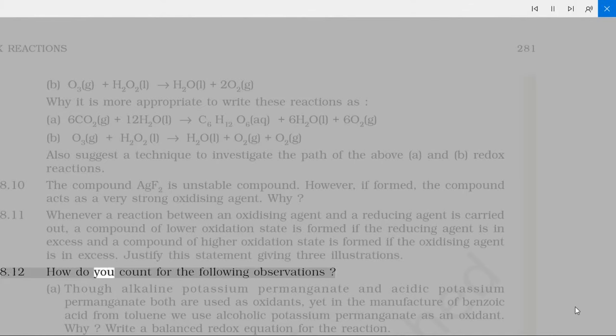8.12 How do you account for the following observations? A, Though alkaline potassium permanganate and acidic potassium permanganate both are used as oxidants, yet in the manufacture of benzoic acid from toluene we use alcoholic potassium permanganate as an oxidant. Why? Write a balanced redox equation for the reaction.